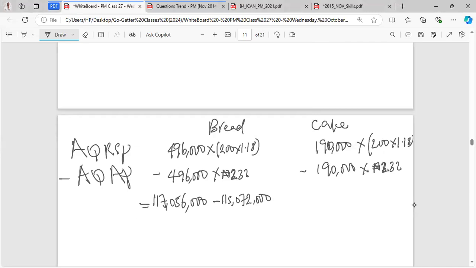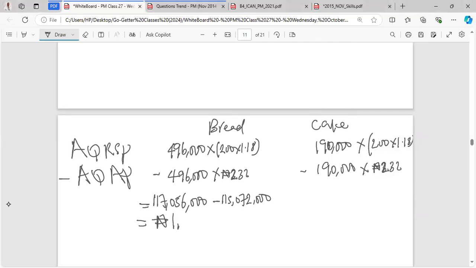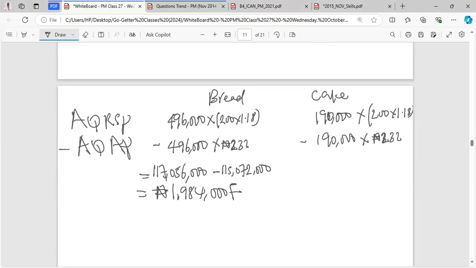So this will give me a favorable variance of 1,984,000. So this is a favorable variance for bread.